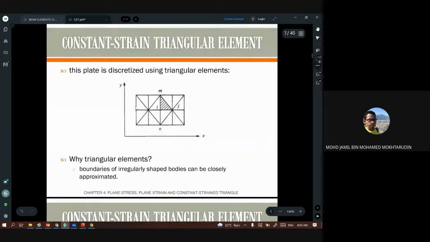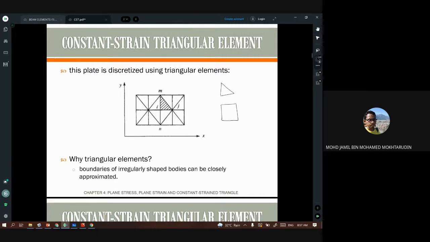So why do we choose triangular elements here? There are a lot of element types for meshes. We have the triangle, and we also have the quadrilateral, or square.